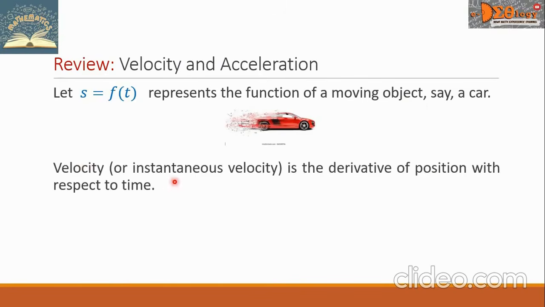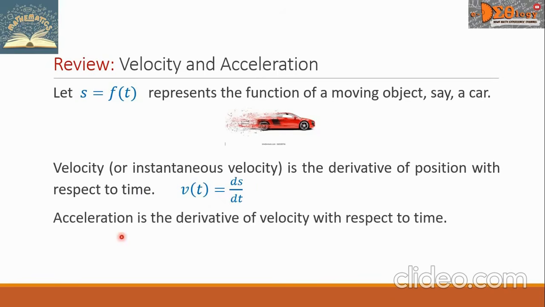Velocity, or we say instantaneous velocity, is the derivative of position with respect to time. So we write here v of t, where v stands for velocity. And this is equal to the derivative of this function. So we write here ds over dt.